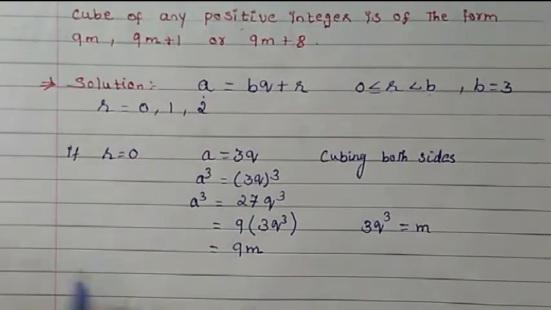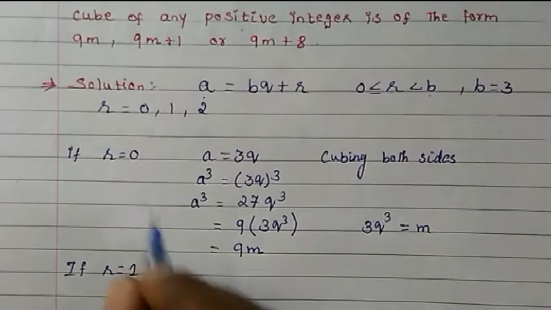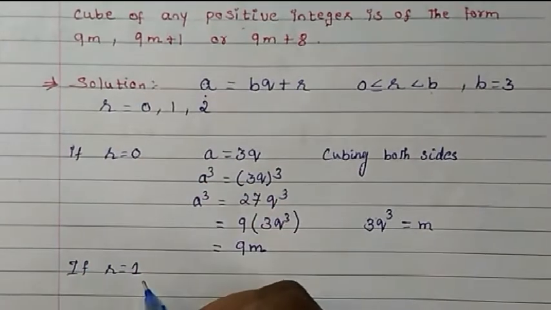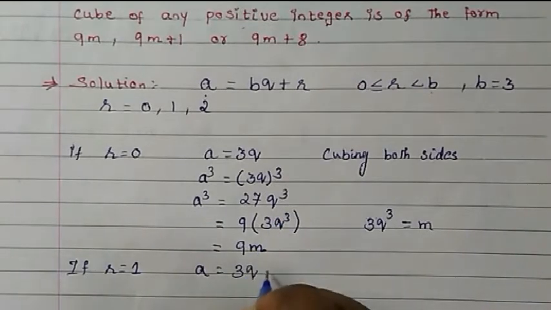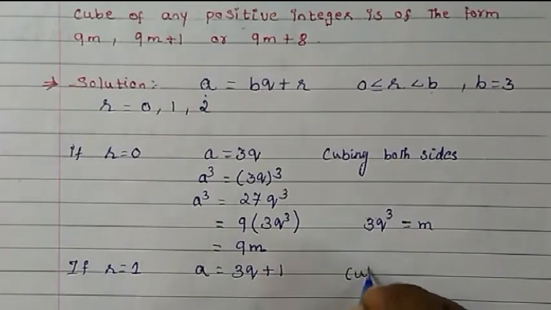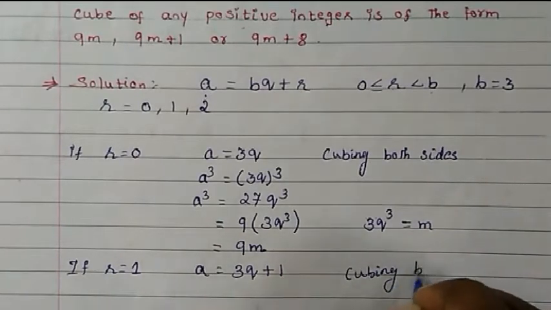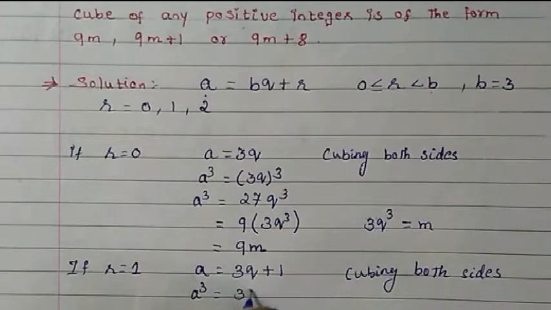Now let's take r equal to 1. If we take r as 1, we will have a equal to 3q plus 1. Now we have to cube them. So cubing both sides, what will we get?